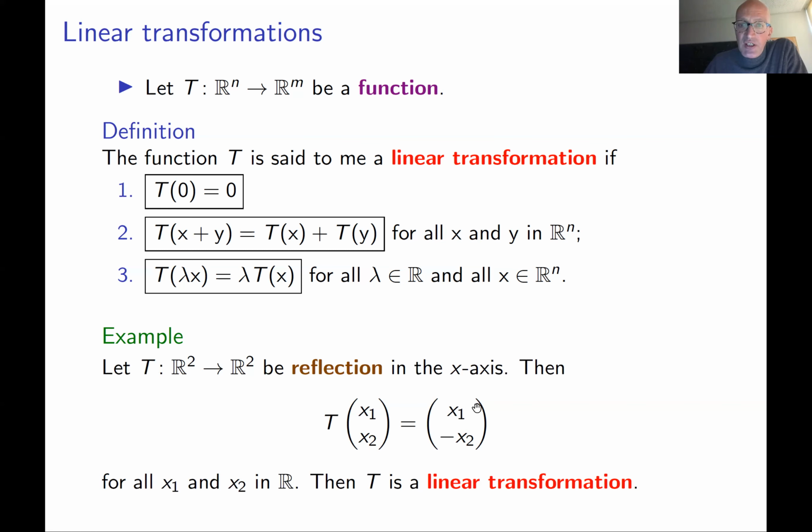You substitute it here, and you get that T of x plus y is (x1 plus y1, minus x2 minus y2). But this is the same as the sum of vectors T of x plus T of y. You have to use this formula twice. So this gives you the second property.